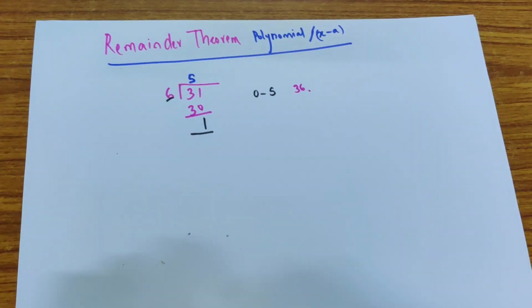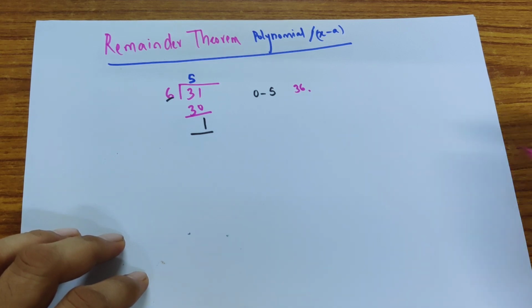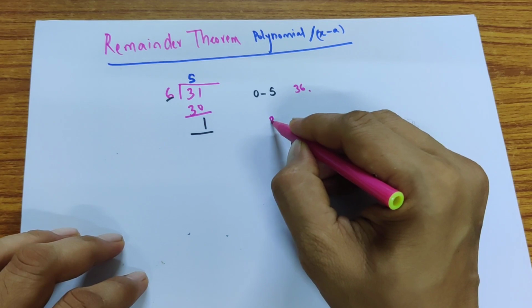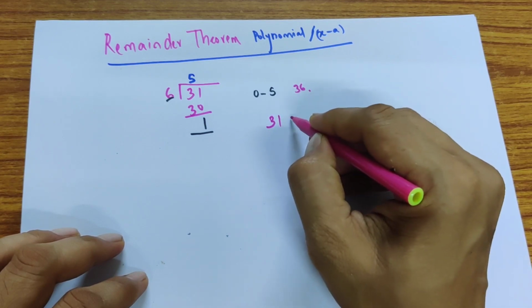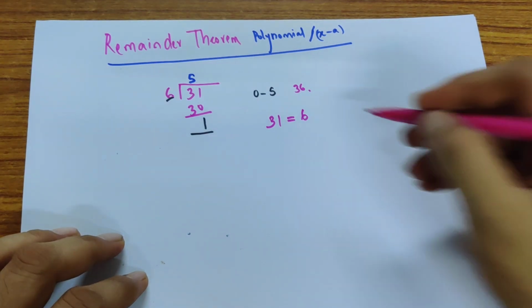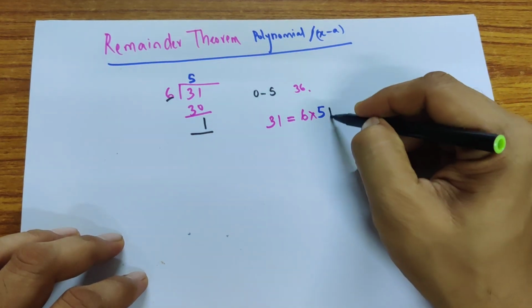What is more important is that you can write this result, meaning the original number. I can write 31 as 6 times 5 plus 1.